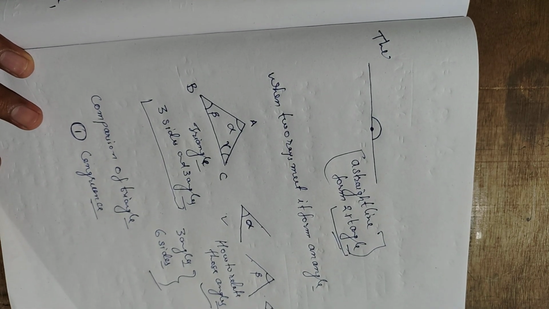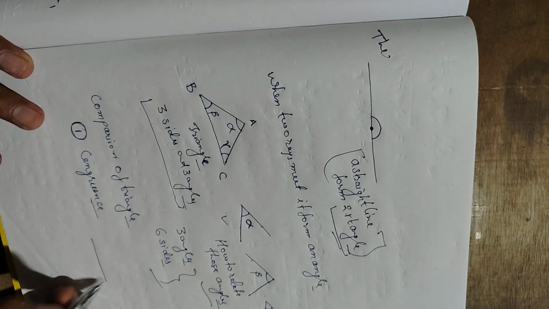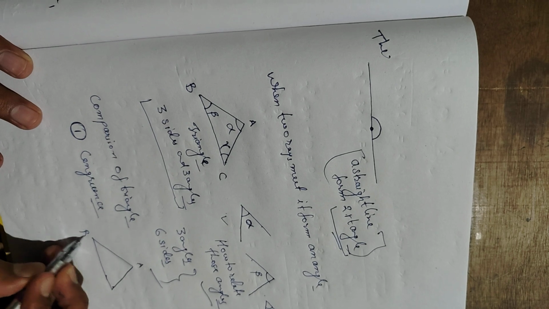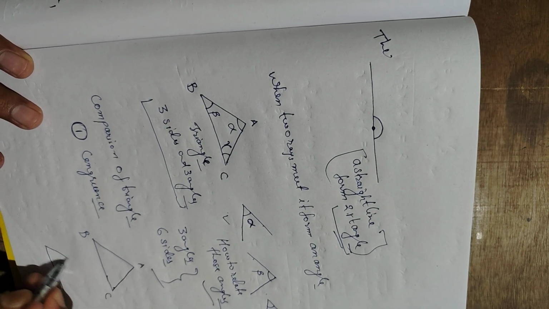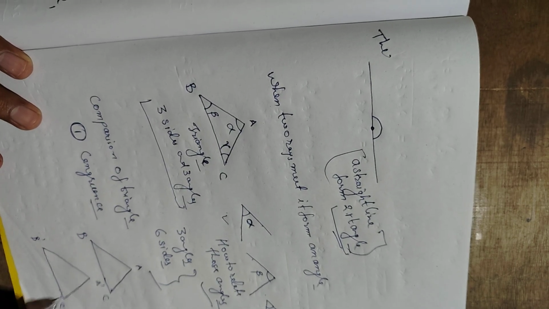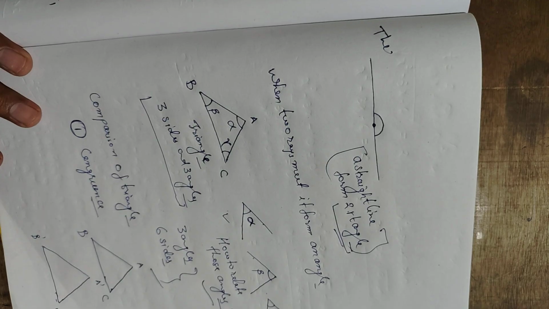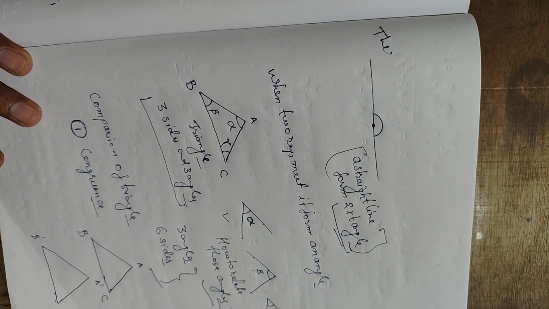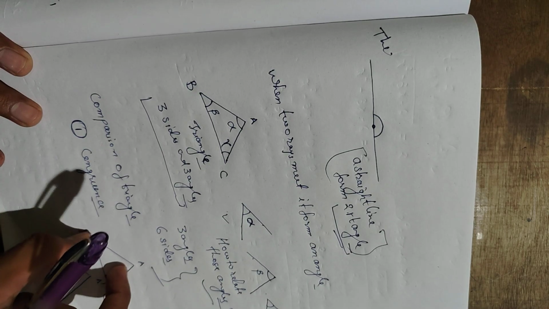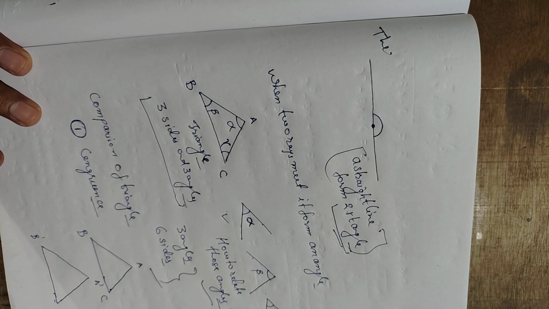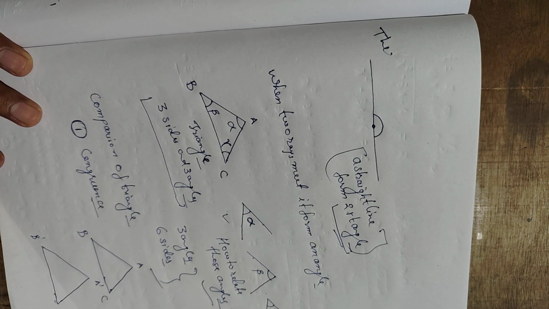We have a triangle ABC and another triangle A dash B dash C dash, and these two are the same as each other. It means they can coincide. If we place one triangle on the other, we can overlap them perfectly.